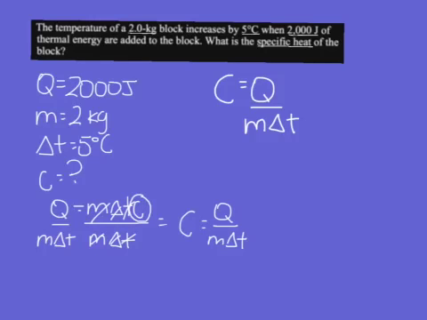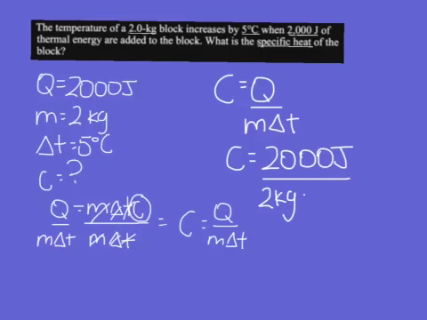So that's our formula. Zoom out a little bit. Let's plug things in now. C equals 2,000 joules divided by 2 kg times 5 degrees Celsius.